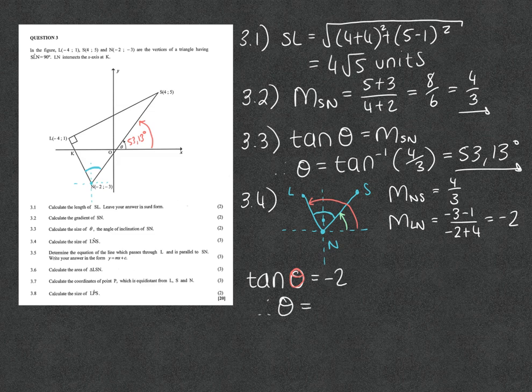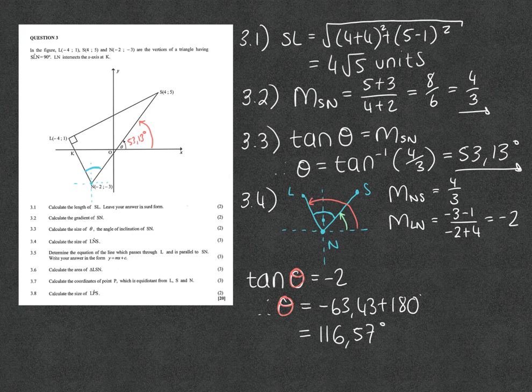Therefore theta for the red angle on my drawing equals shift tan of minus 2, and then you get minus 63. I'm going to put this step in, but you add 180 to that because it's an obtuse angle, and you get 116,57 degrees.